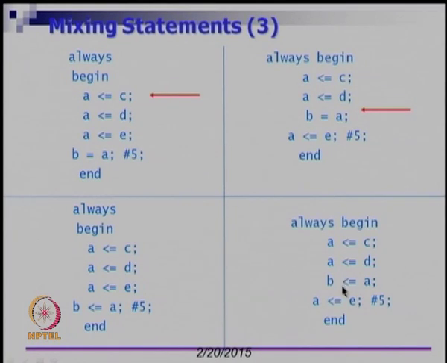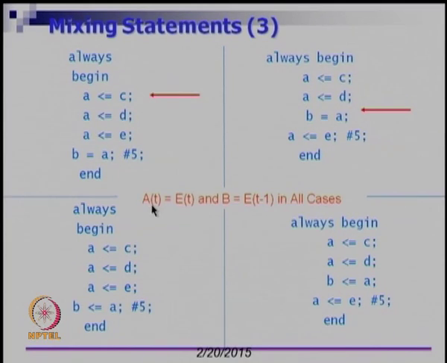So, since all of these are non-blocking assignments, right, you take the last assignment for each of these ones. So, the last assignment of A is take E, the last assignment of B is take A. So, whatever the current value of A is, give it to B, whatever the current value of E is, give it to A. So, all of them are actually doing the same thing.